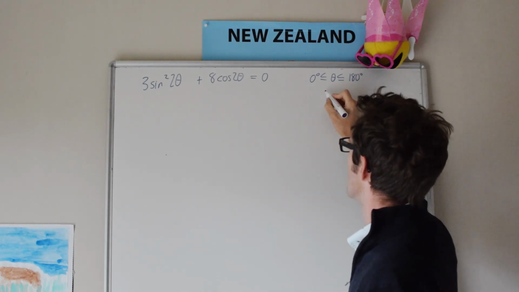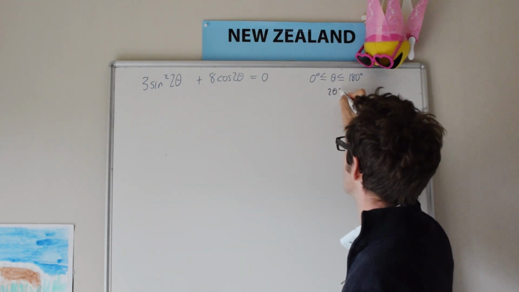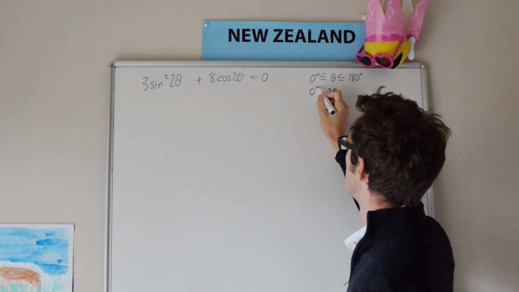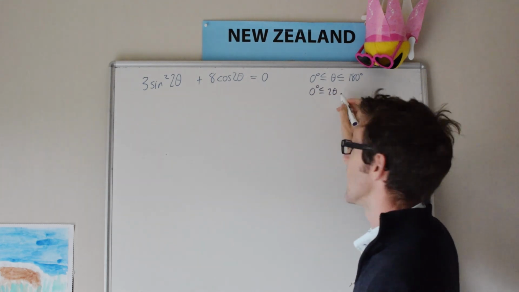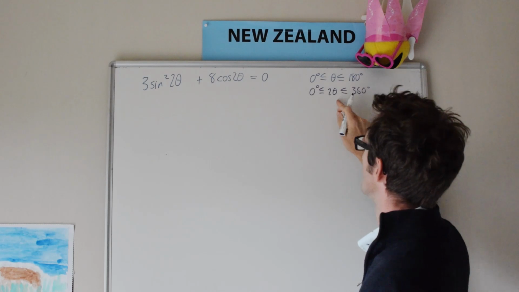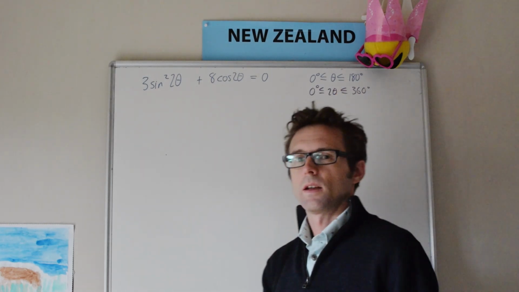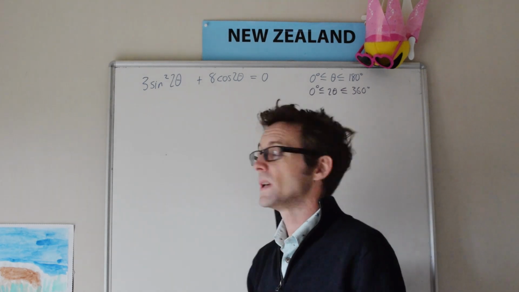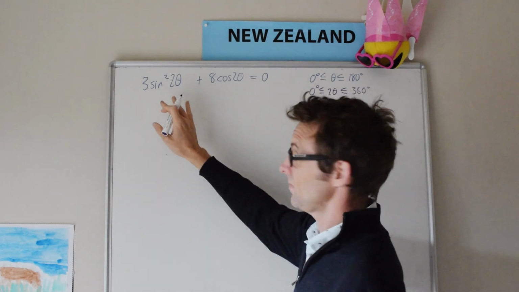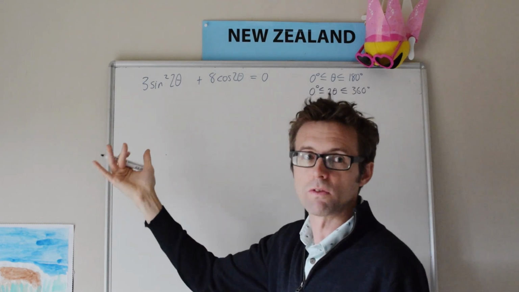Now, straight from the outset, since we're working in 2 theta here, that must mean that 2 theta is between 0 degrees and 360, since to get from here to here we must divide by 2. When you're dealing with trigonometry, you want to be in either sine, cosine or tan when you're solving an equation.